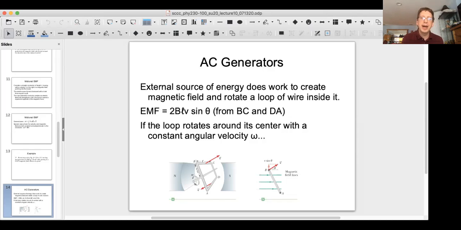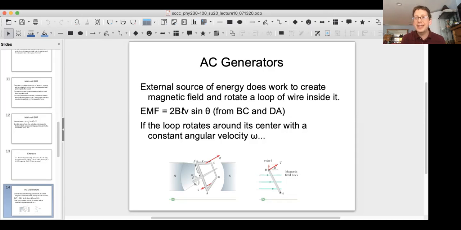So the portions of the wires where the motional EMF is happening are a distance A over 2 away from the axis of rotation. So the magnitude of small v cross B is v times the sine of theta.